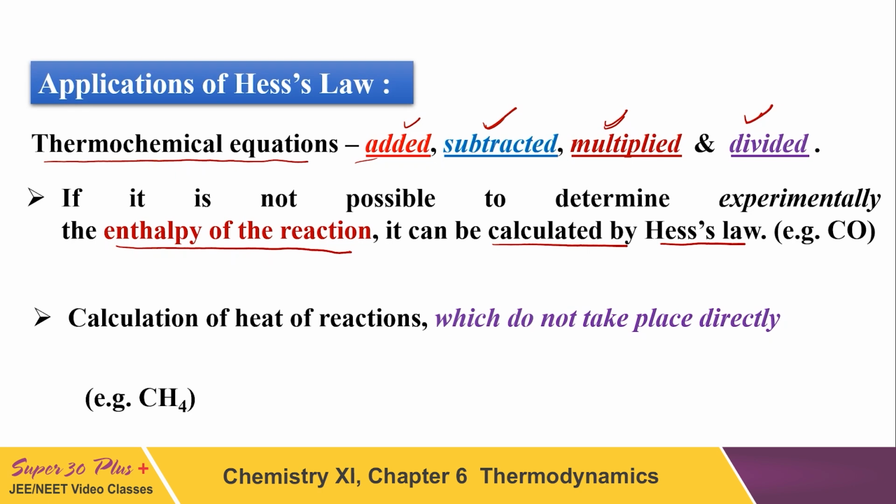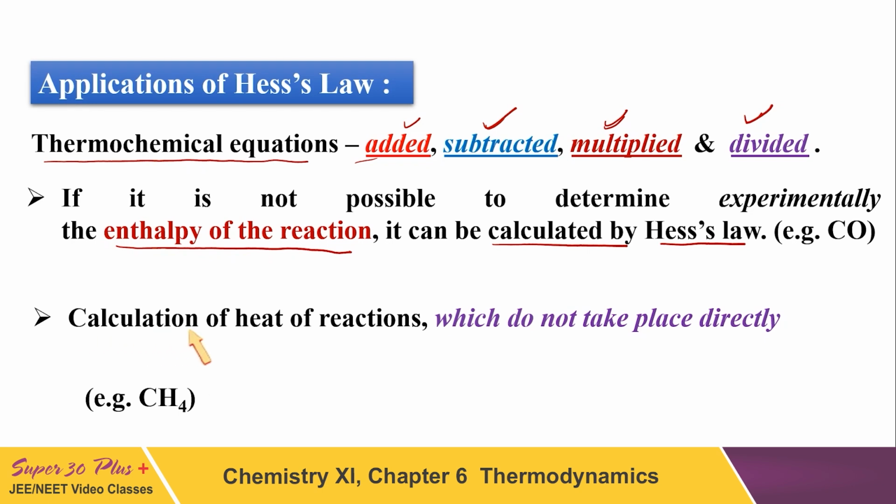Chemical reactions are a practical aspect. They take place practically and their energies are also calculated practically. But if because of any condition somehow you are not able to calculate the value of energy experimentally, then you would be able to calculate it by Hess law on paper.